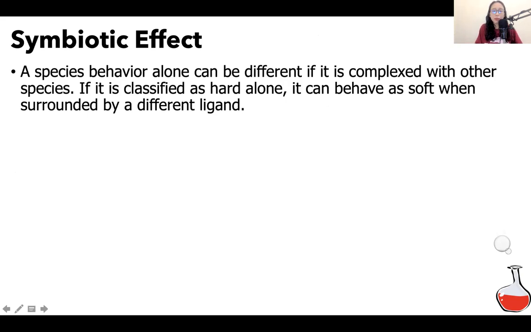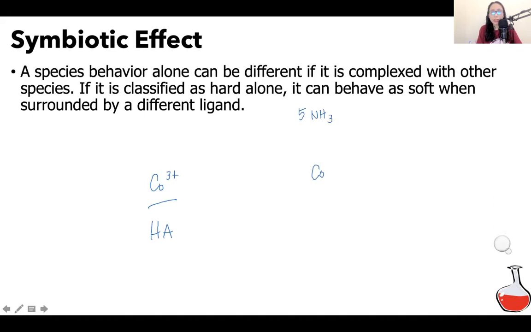An example for this one would be your cobalt 3 ion. Your cobalt 3 ion is classified as a hard acid. By itself, it's a hard acid. But cobalt 3 can actually form a complex with 5 ammonia molecules.